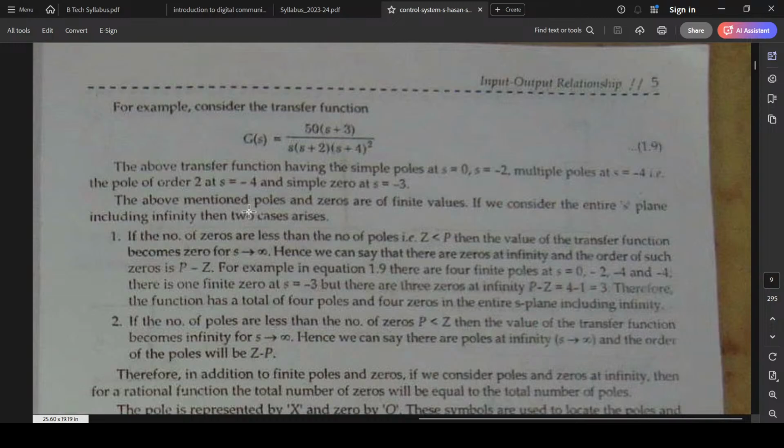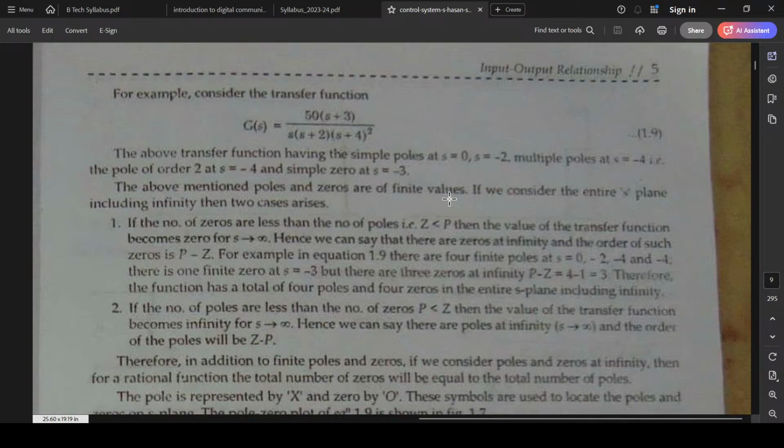So we can say it has multiple poles, and that is a pole of order 2. And a simple zero at s equals minus 3. We can also say the pole of order 2 at s equals minus 4.